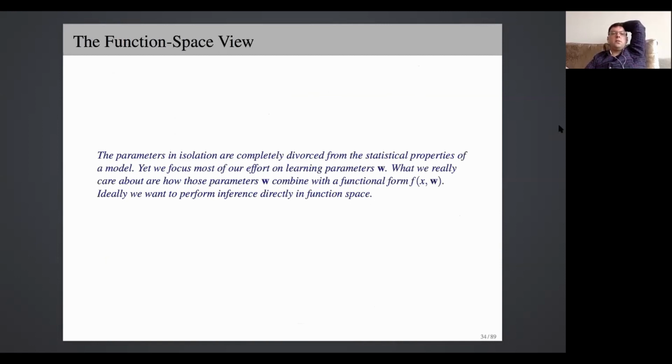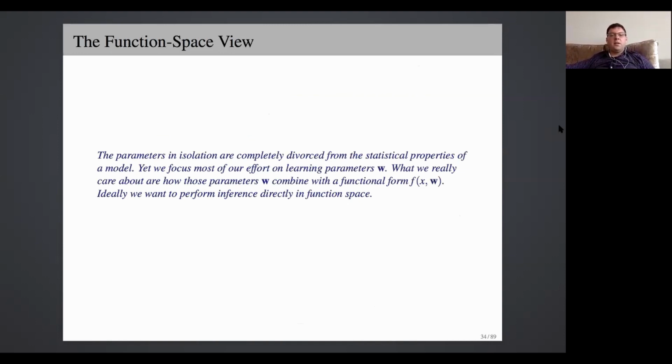So the parameters in isolation are completely divorced from the statistical properties of a model. For example, when we were considering that statistics from scratch example, we said that whether or not we want large weights or small weights would entirely depend on the functional form of the model that we're using, its parameterization.